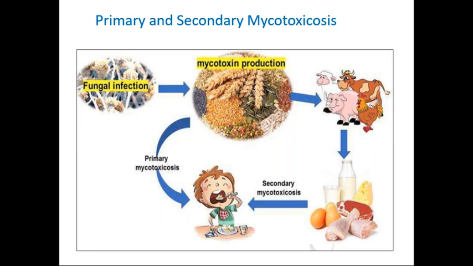So we have what is known as primary and secondary mycotoxicosis. The primary mycotoxicosis is the infection of the produce over there. So direct consumption of peanuts or the cereal grains or the oil seeds which are infected with the mycotoxin, when ingested directly, we can develop primary mycotoxicosis.